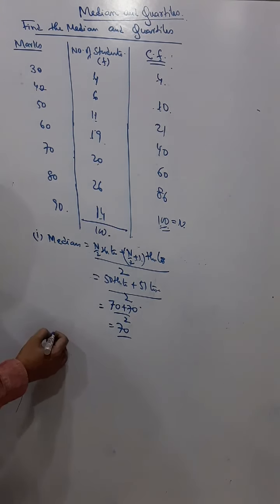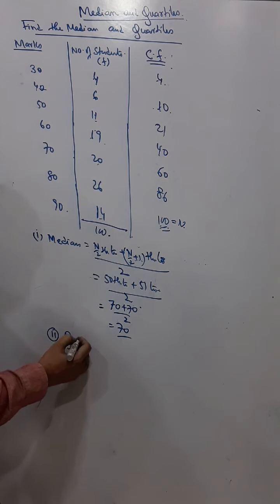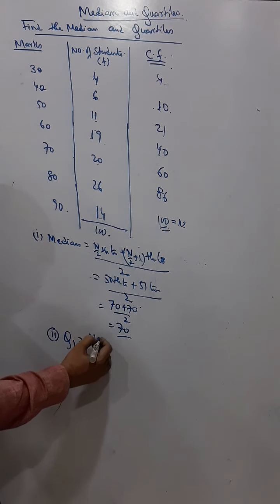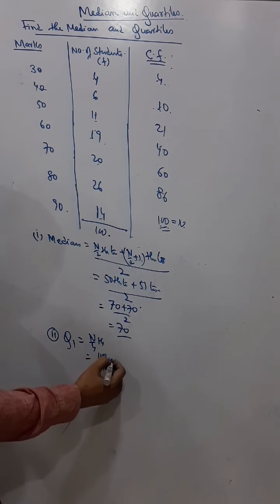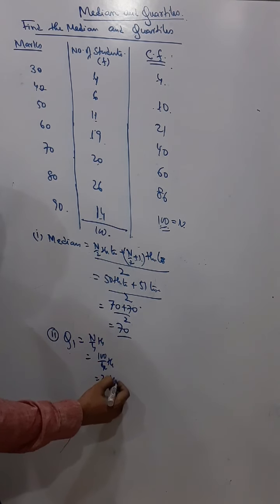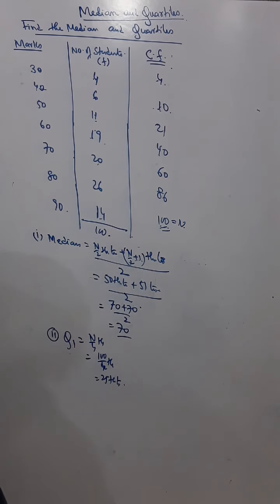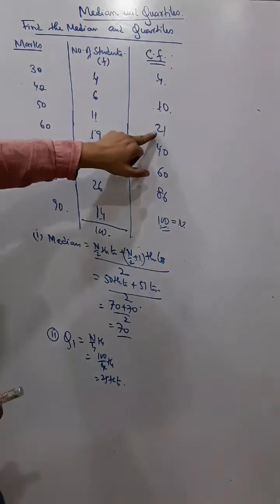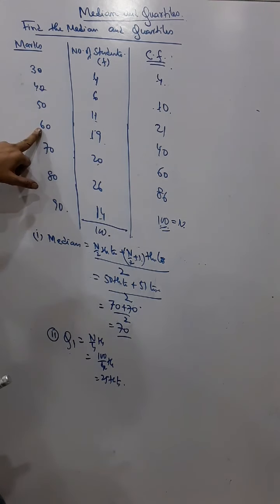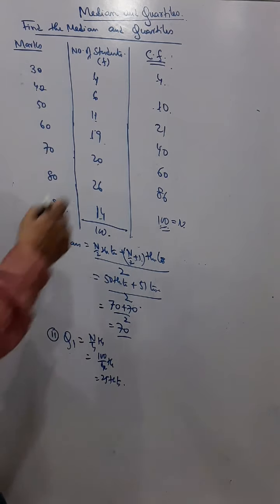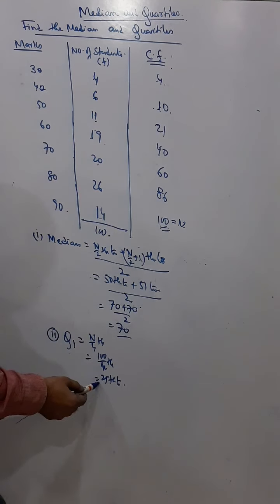Understand? Similarly Q1. Now when I say Q1, Q1 is the n by 4th term. N by 4 means 100 by 4, and that is the 25th term. You can understand that up to the 21st term is 50. Right? So therefore they asked me for the 25th term.